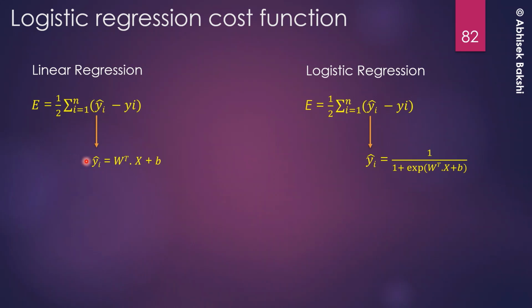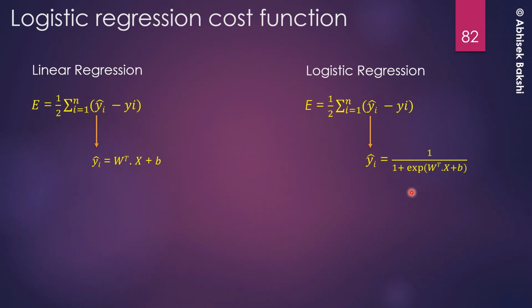But in the case of logistic regression, it's a little different, because we apply a logistic function over the linear equation. That's why here it is 1 by 1 plus e to the power of minus (w transpose x plus b). Obviously w transpose x plus b will be there, but we are adding one more layer over it.